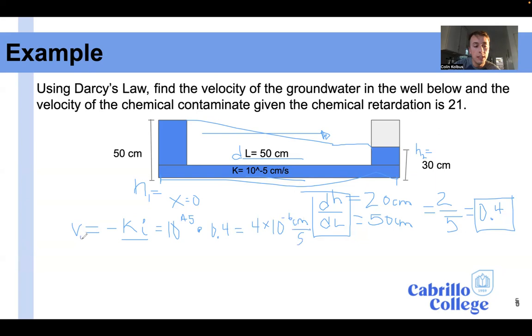And so this is the velocity of our water.